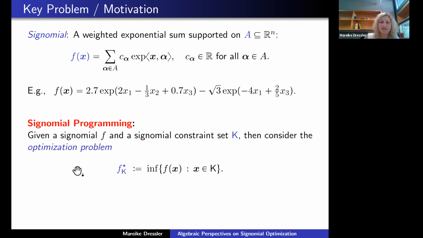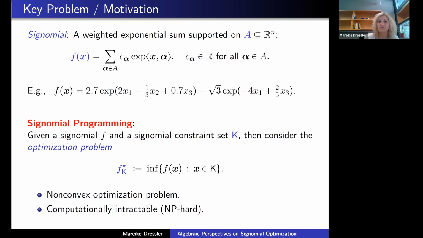And this value will be denoted with f_k star. So in general, this is a non-convex optimization problem, and it is a fact that it's computationally intractable. So it is NP hard.